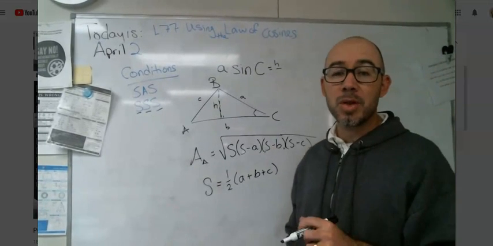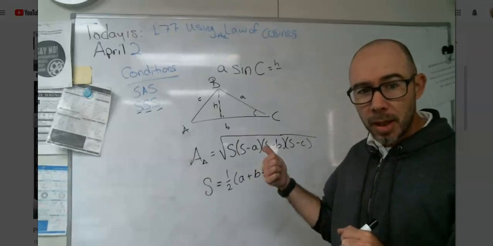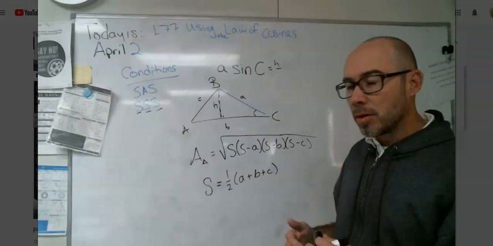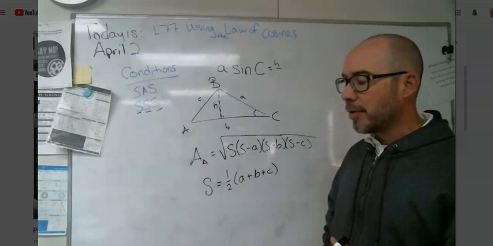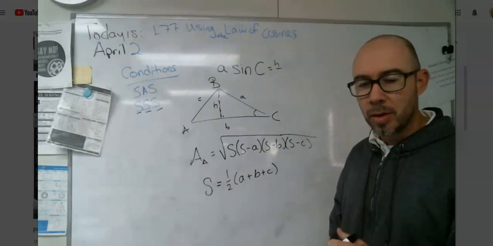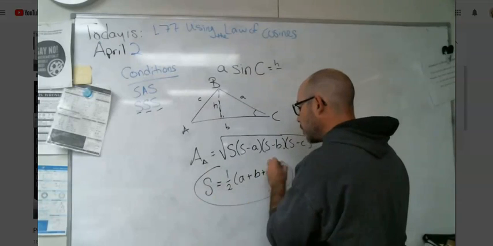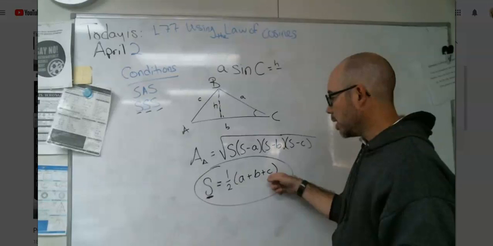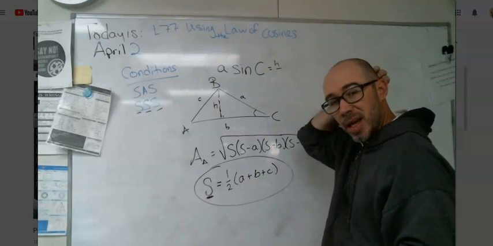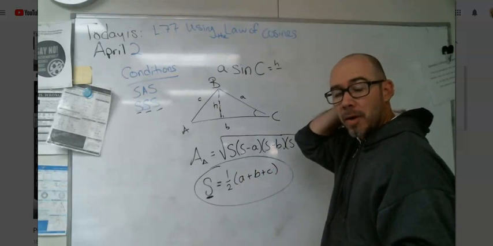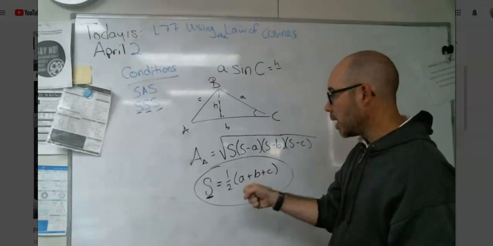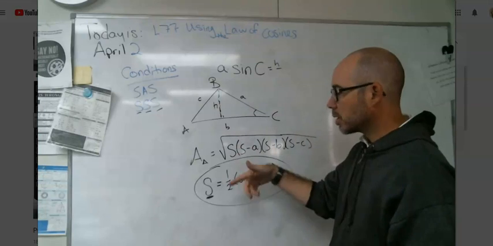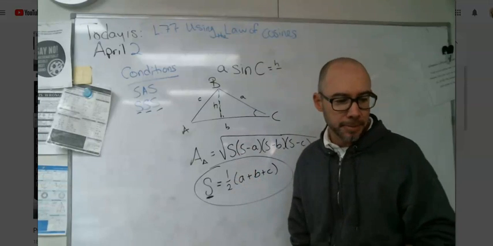So you can take one of those superhero triangles, and you can throw it into here, and you can find the area. And you can see how the superhero triangles jive with this story right here. So the first thing you gotta do is you gotta solve for S. You're gonna take the average of, well, it's not really the average, it's the semi-perimeter of the 3 sides, and then you're going to take that number, plug it in with A, B, and C, and take the square root, and you get the area.